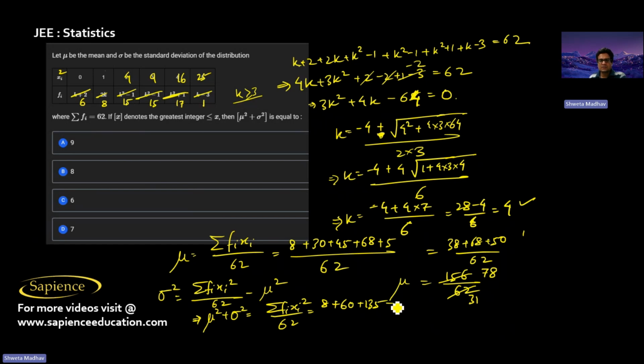Then 17 into 16, that is 6 sevens are 42, 6 ones are 6, 10, 7 ones, so it is 272. So 42, 6, 10. So this is 272. This is 272 plus this is 25, divided by 62. So this will be equal to how much?